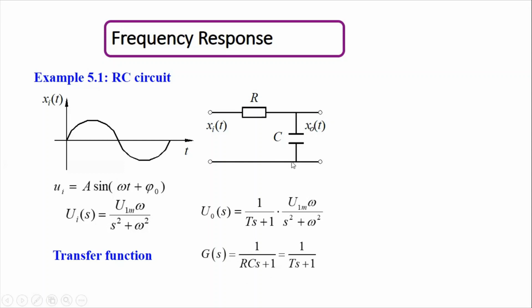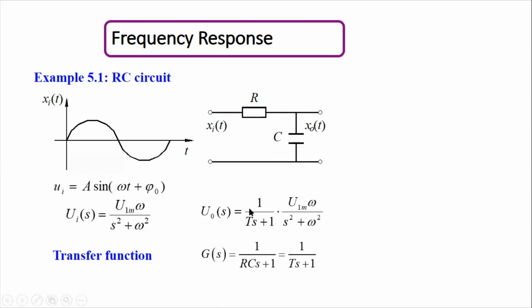Anybody got this transfer function for this RC circuit? It is a small exercise, not a complicated one. I have skipped those steps, assuming that you can do it yourself, since it is just simple algebra.